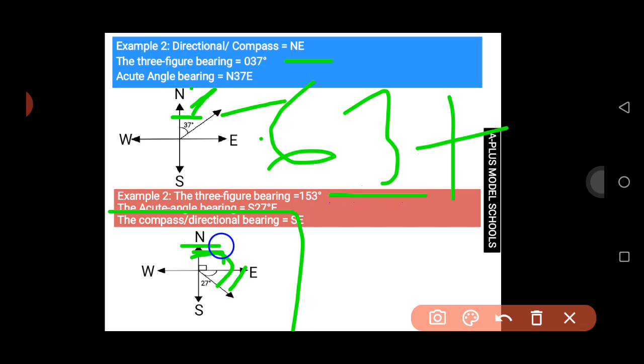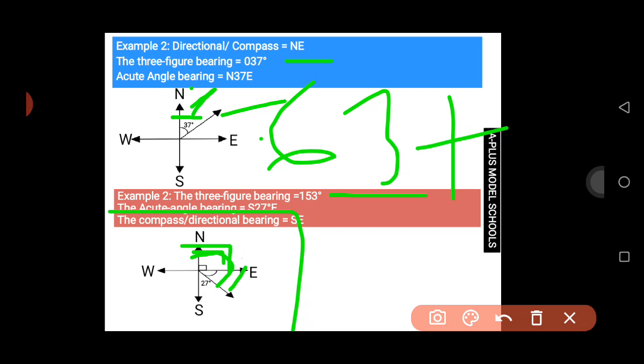From the north to east, that is 90 degrees. Then the other angle, which is given to me, is 27 degrees. The angle is with the south. But I'm looking for the angle before getting to the angle with the south. So that is a complementary angle. I will look for what I can add to 27 degrees to give me 90 degrees, which is 63.